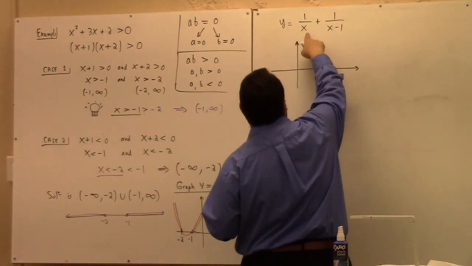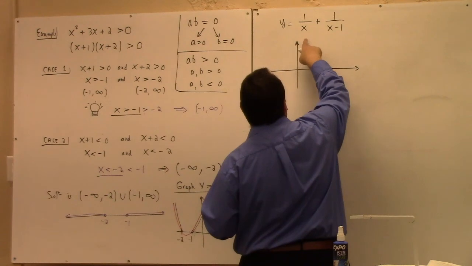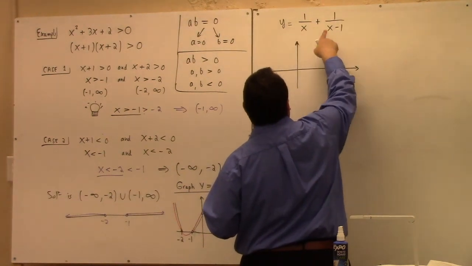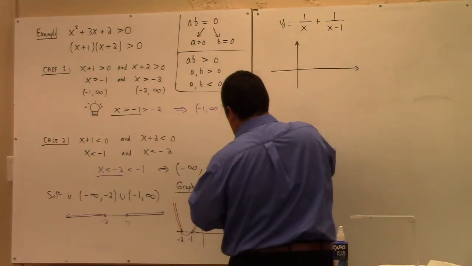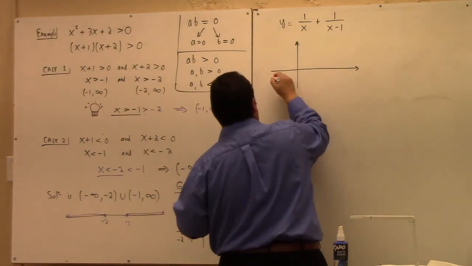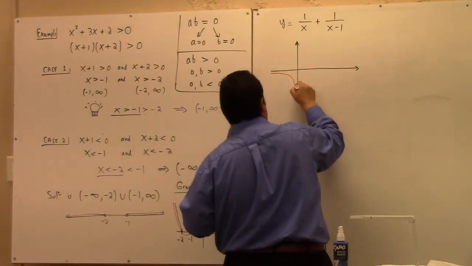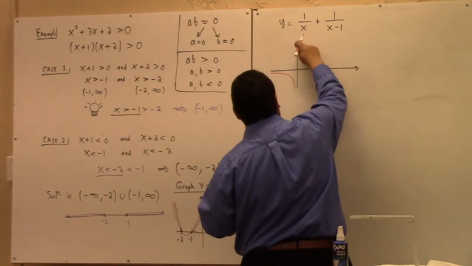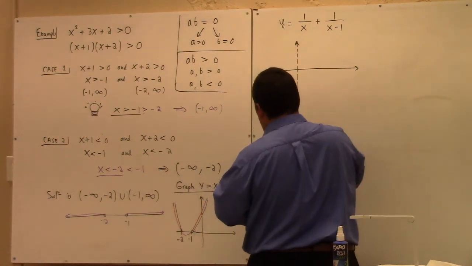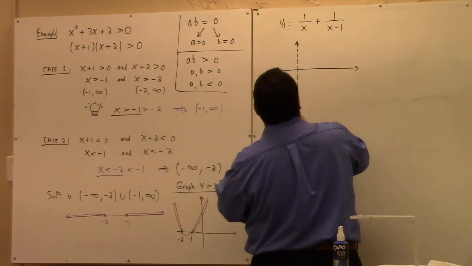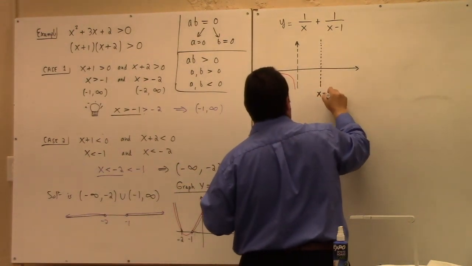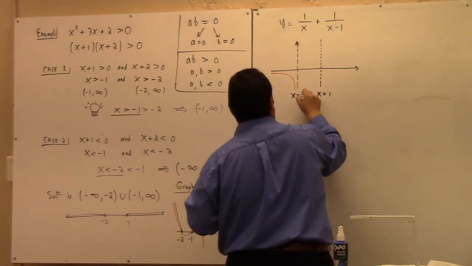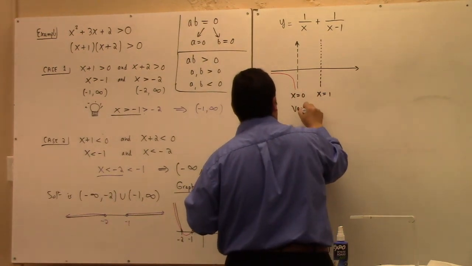If I plug in minus 1, that's negative. This is also negative, so it's negative over here. Once I get started, I'll be able to finish it. But this basically looks like this. There's this vertical asymptote right there. There's another vertical asymptote at 1. So x equals 0 and x equals 1. These are so-called vertical asymptotes.